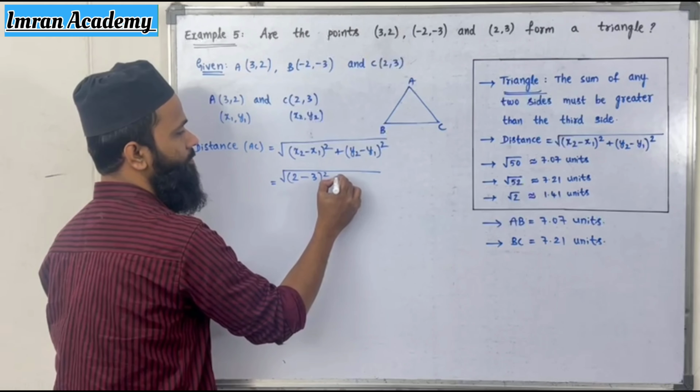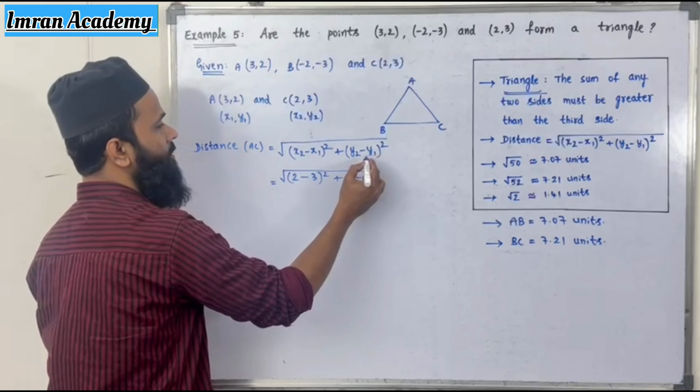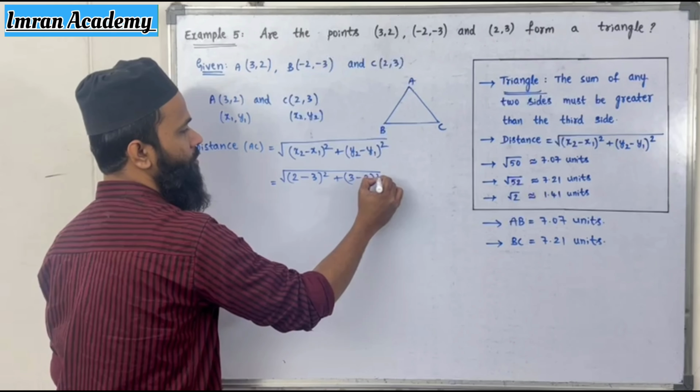Whole square plus y2. y2 is 3 minus y1. y1 is 2, whole square.